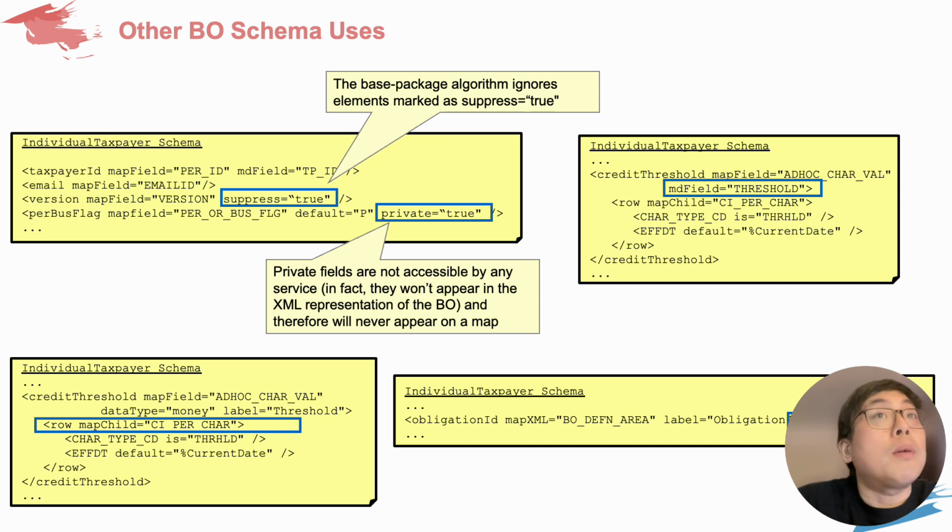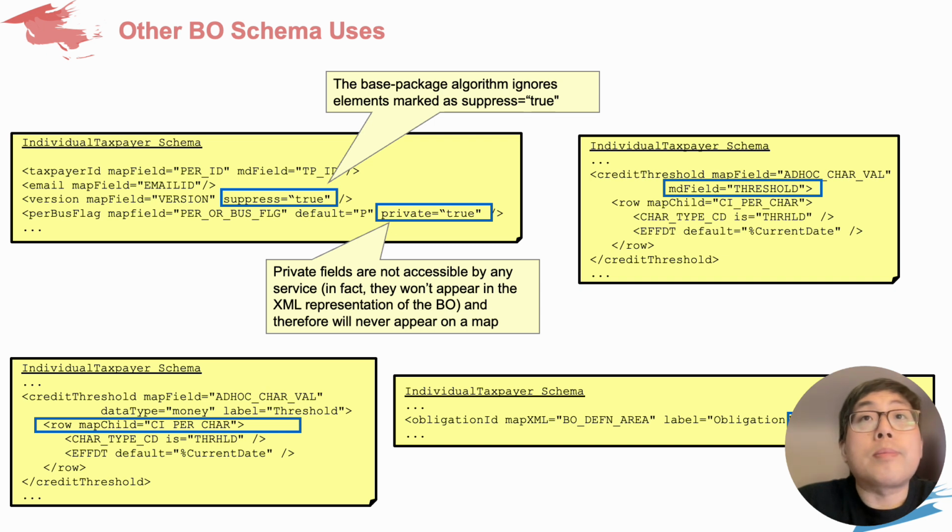Okay, now coming down to the left bottom. This is the row map child, and we already talked about that. It's basically just the mapping to a child table.